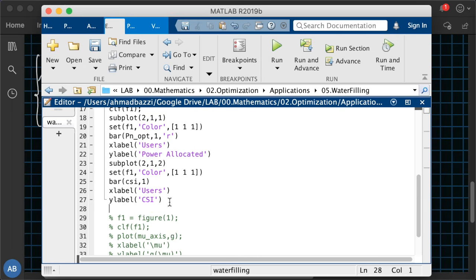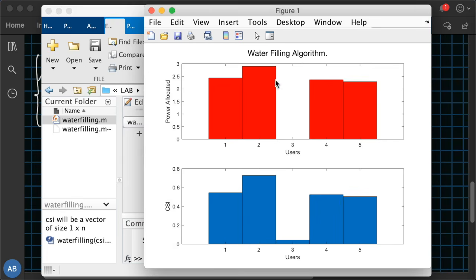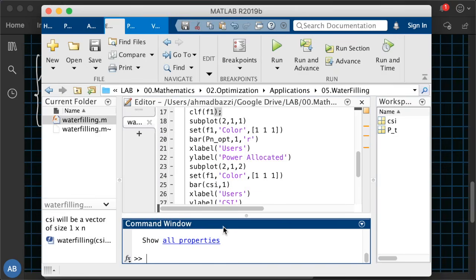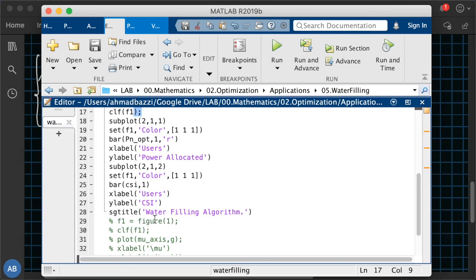Let's give a title to this whole thing. Water filling algorithm. Okay, good. Looks good to me. And let's make a more useful title. Let's show the total power that we actually consumed.